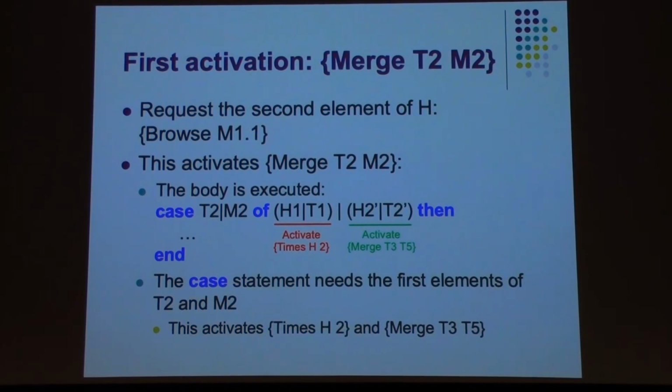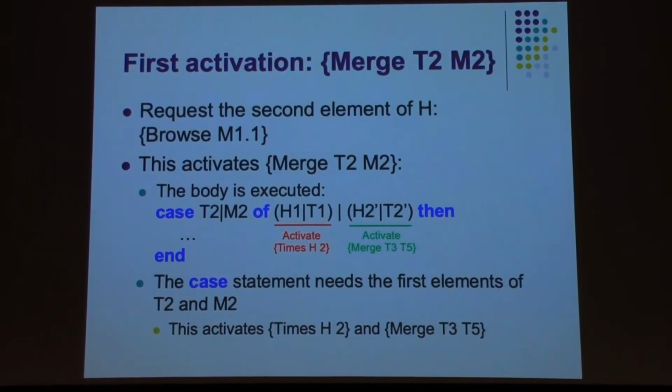And when those two suspensions bind their results, the case statement can continue. So you see there's actually some interesting kind of synchronization going on here, huh? The case statement activates two suspensions, and when they're done, it comes back and the case statement continues. Okay?